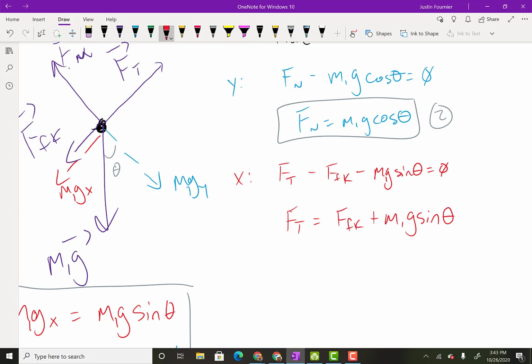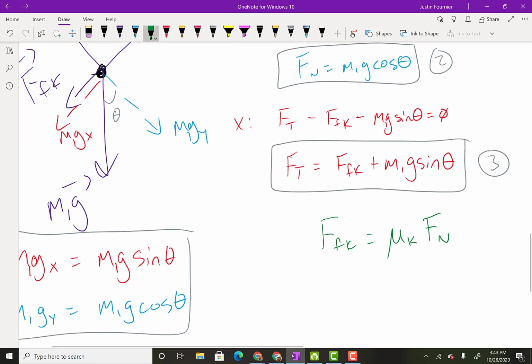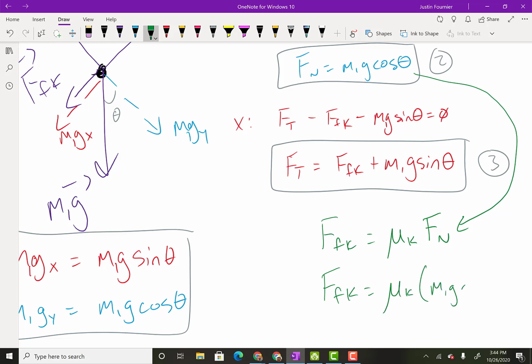Typically where you go to change up your friction force, so here's equation 3, is that coefficient of friction approximation. So the force of friction is equal to the coefficient of kinetic friction, which they gave me, multiplied by the normal force. I know what the normal force is, it's m1g cosine theta, so this is going to be Ffk equals mu k times m1g cosine theta.